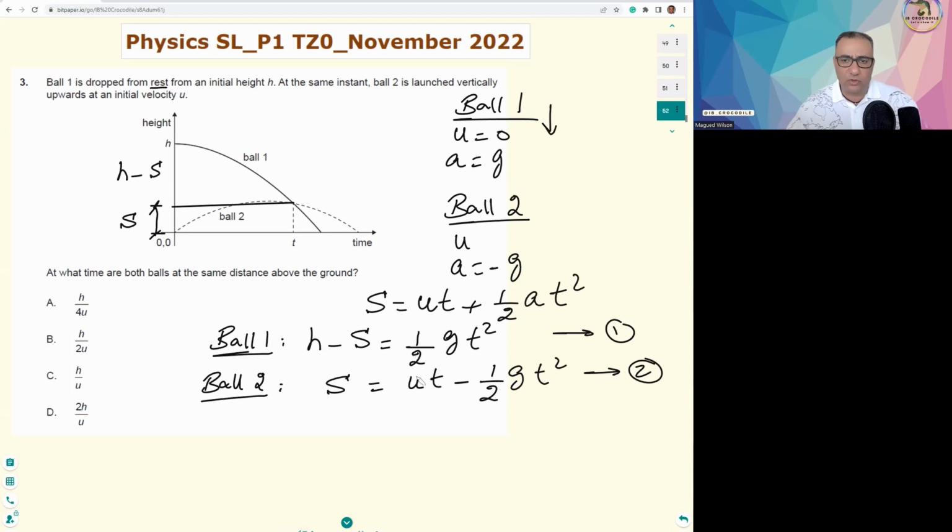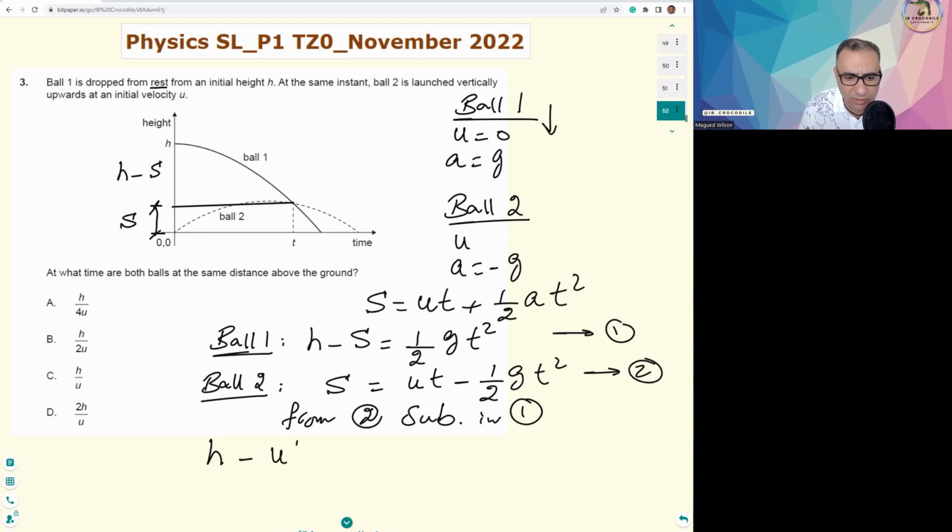Now we can use these two equations to find the time. I can substitute s from 2 into 1. So I have h minus the full expression on the right hand side: minus ut, and then negative times negative is positive, so plus 1/2 gt squared, and on the other side of equation 1 we still have 1/2 gt squared.